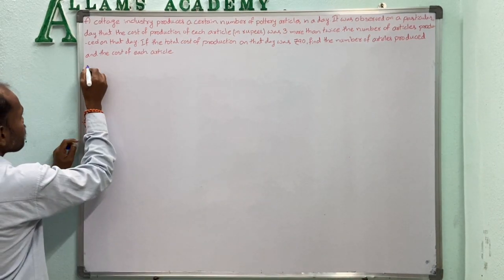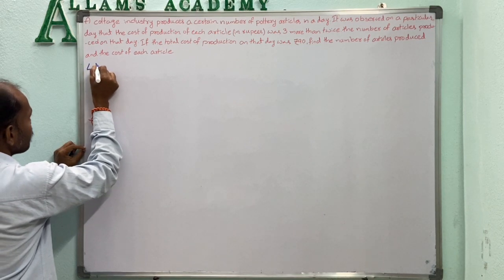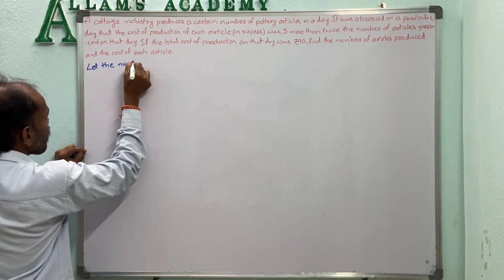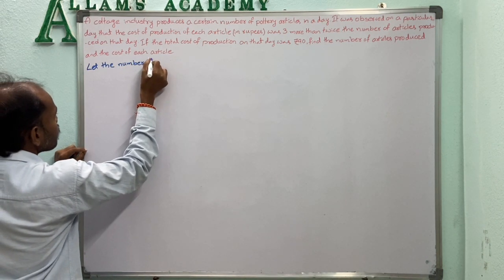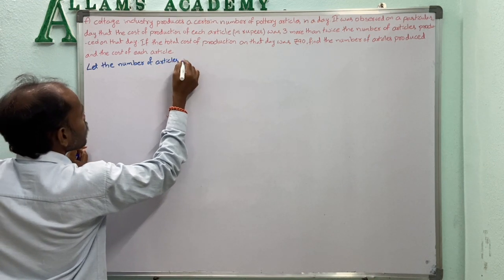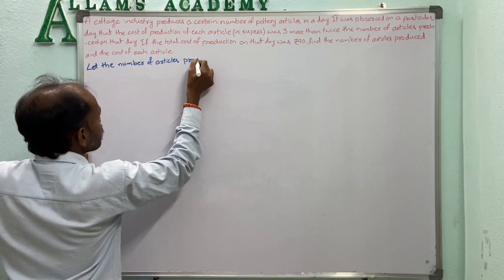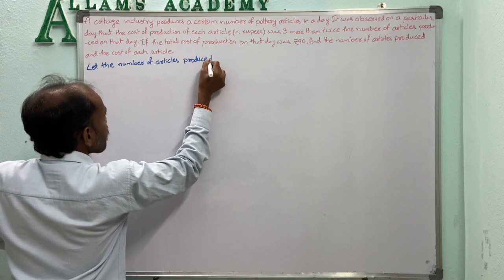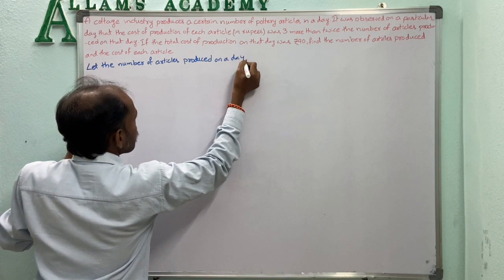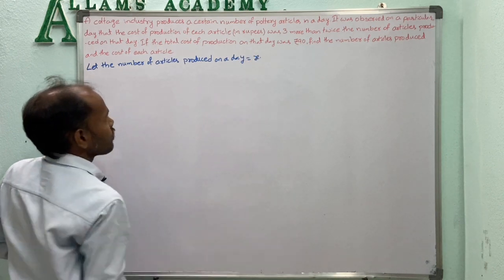So now we take the number of articles produced on a day equal to x.